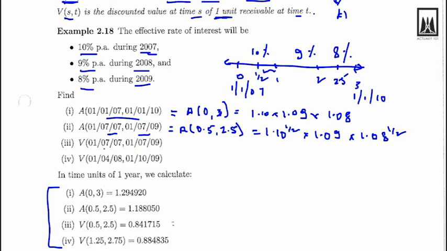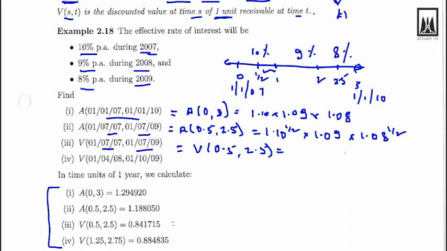Now we want V from 1st January 2007 to 1st July 2009. So basically what we want is V(0.5, 2.5). So it's just going to be the opposite of this.